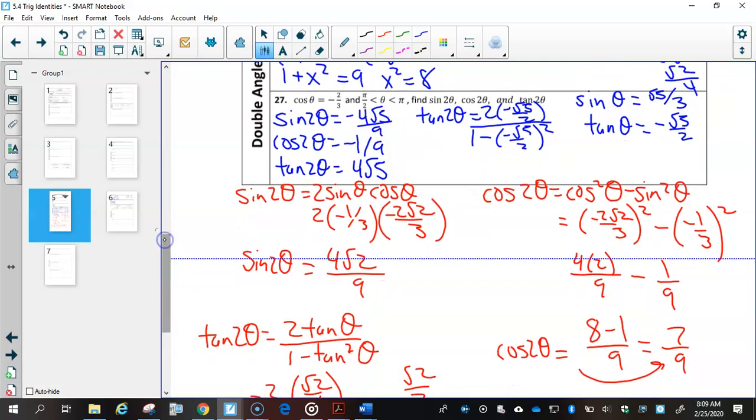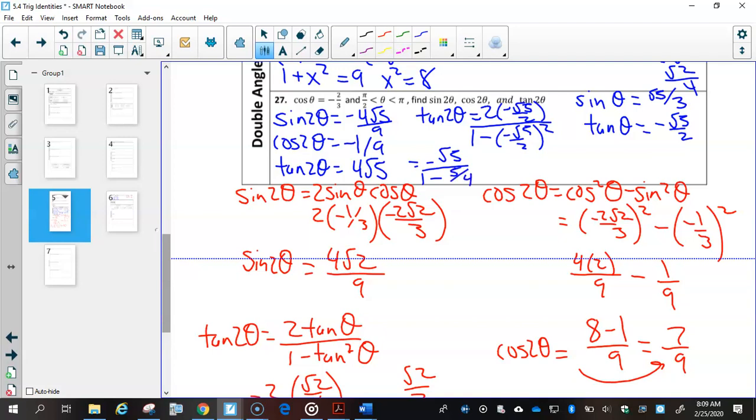Alright, so I'm working out the tangent double angle one for 27. In our numerator, this would just become negative root 5. This denominator piece is going to become 5 over 4.